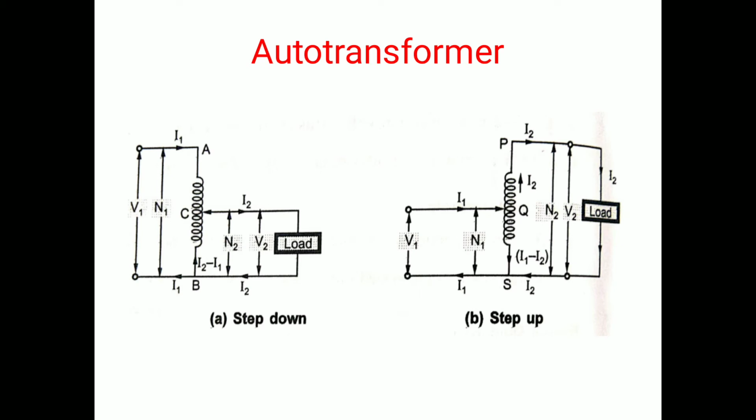Number of turns of primary in figure A is N1. Number of turns for secondary is N2. And number of turns for AC is N1 minus N2.